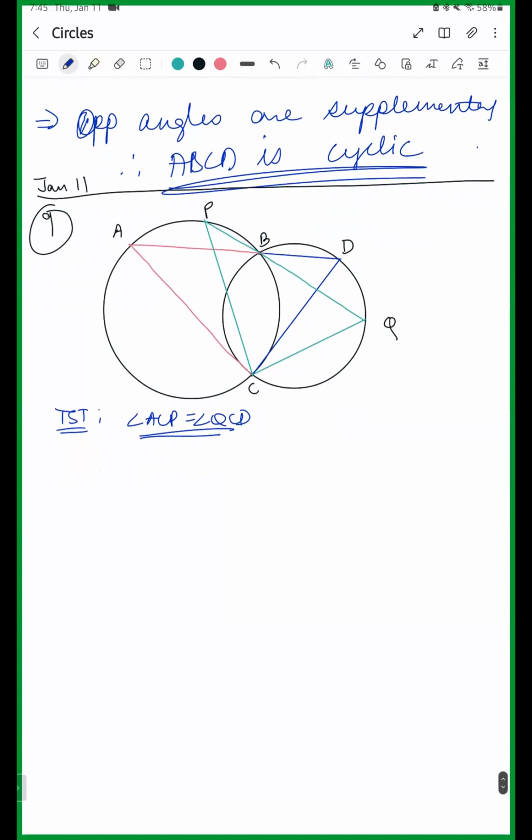Let's say the bigger circle, let's call it circle 1, and let's call this circle 2.